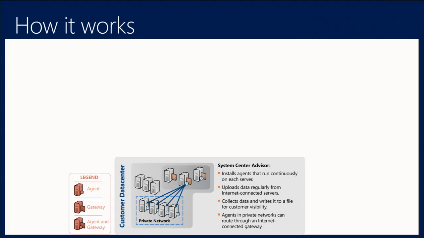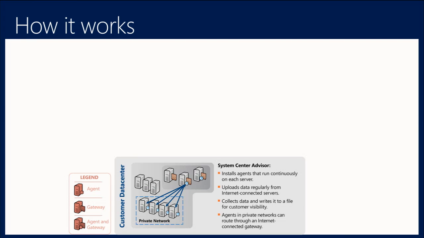So under the hood, how does this work? This is built on management pack technology, but the beauty of it is you don't need to have SCOM. We recommend SCOM. SCOM is your real-time monitoring solution or your other tool of choice. But this is built on management pack technology underneath. And so if you don't have System Center Operations Manager, there's a couple pieces that you need to install.